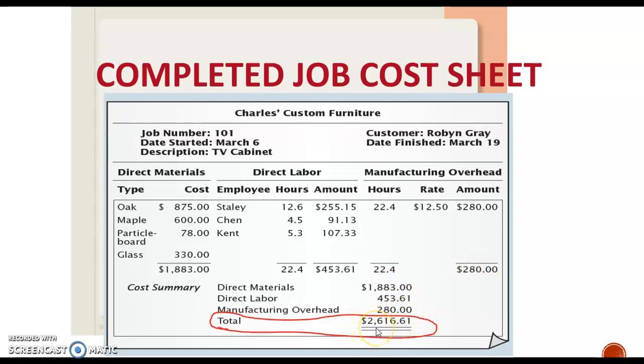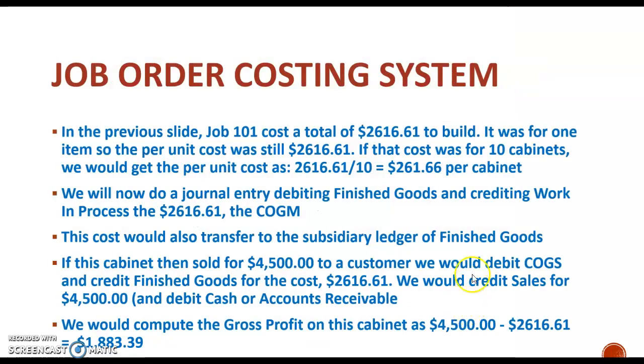It cost us $2,616.61 to make this TV cabinet. Now, that's the number we'll use. We'll take that amount out of work in process and put it into the finished goods inventory.